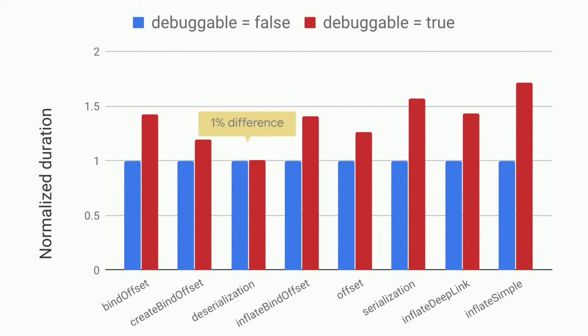So you'll see here in the deserialization example that there's hardly any difference. If you look really closely, it's like 1 pixel off, 1% difference, right? But over here in the inflate simple benchmark, there's a huge difference. And again, the hard part here is the variability. It's really hard to account for. So we want to make sure that the optimizations and the code changes we're making are actually going to have an impact on our users. We need to make sure debuggable is off.